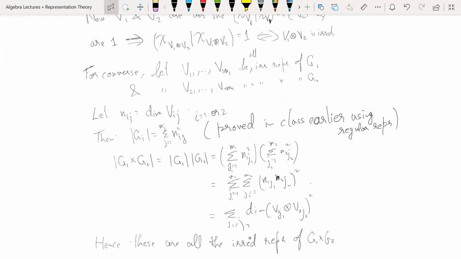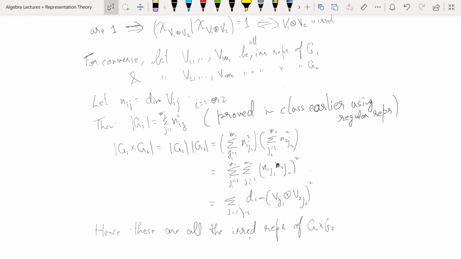What you get is the summation over j1 equals 1 to m1, j2 equals 1 to m2, of (n1j1 times n2j2) whole squared. But n1j1 times n2j2 is precisely the dimension of V1j1 tensor V2j2, and these are certainly irreducible G1 cross G2 representations by the previous part.